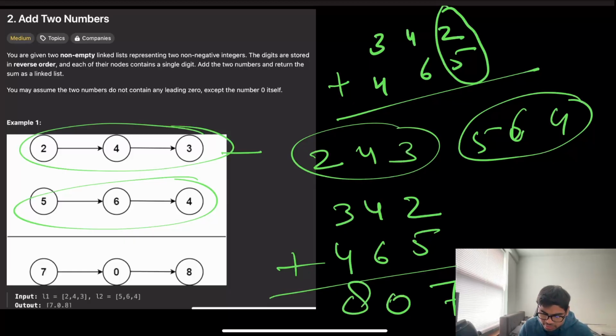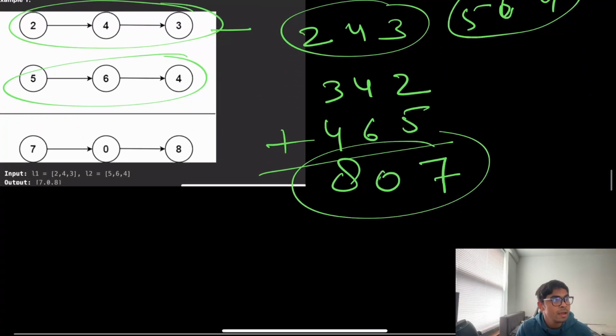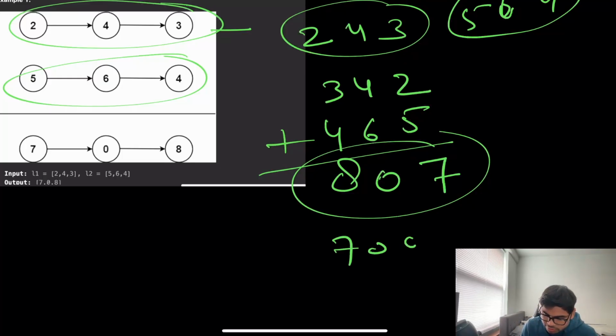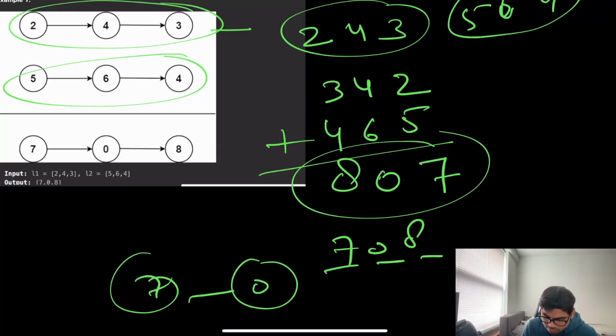I'm just writing it like 5 plus 2 is 7, 6 plus 4 is 10, 0, and then 3 plus 4 is 7, plus 1 carry over, 8. So this is what we get. Once we get this, we reverse this, so 708, and then using these digits we create a list and then return that. All right, but we're not going to do that.